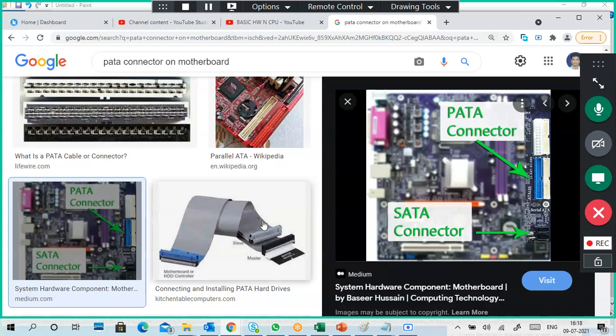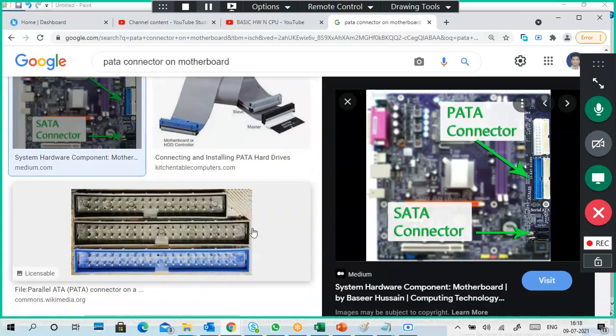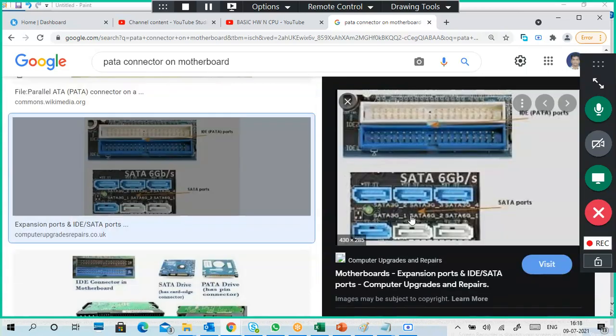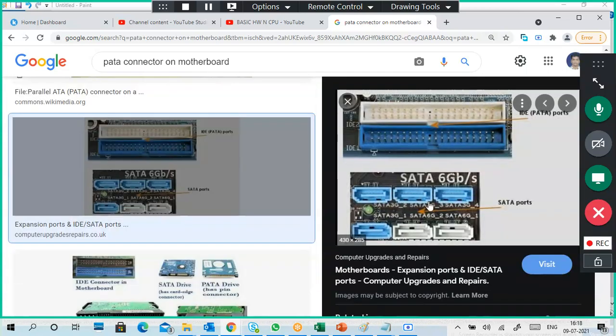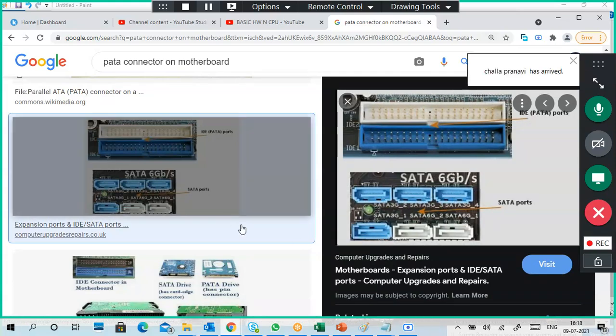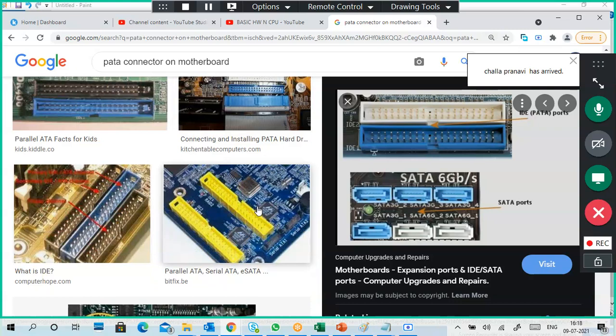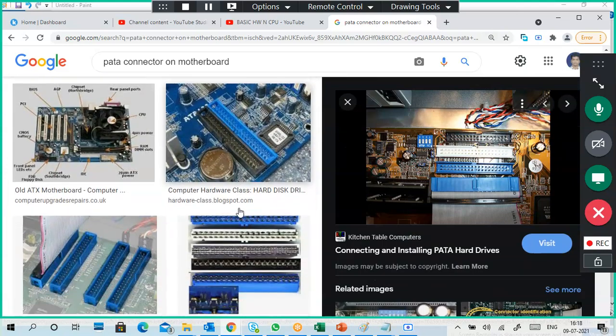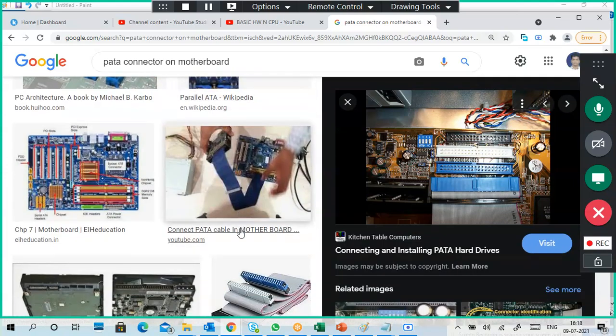Now, if you purchase a motherboard, mostly the PATA connections are removed, or maybe they give you one just as a sample. But mostly you'll get at least four SATA connections, 1, 2, 3, 4 like that. See, this is how the PATA connector is connected, and for the SATA connector you can also see how it is connected.